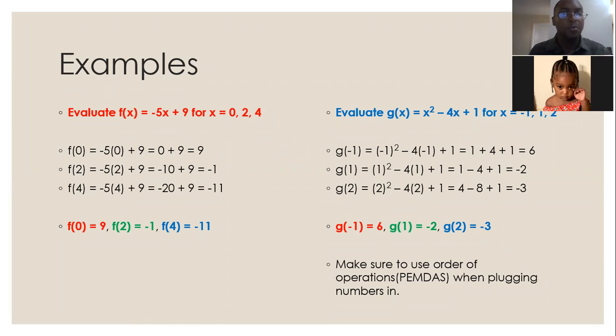So when you plug these numbers in, like -1, 1, and 2, even if they're positive numbers, go ahead and put them in parentheses. So parentheses -1 squared minus 4 parentheses -1. That way, when you go to your calculator and do these different parts, it will do these things correctly.